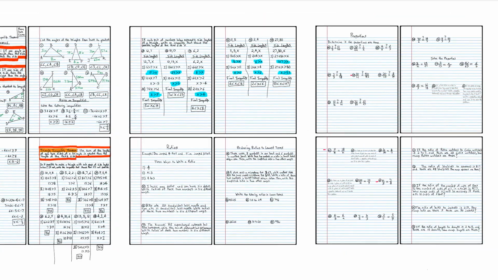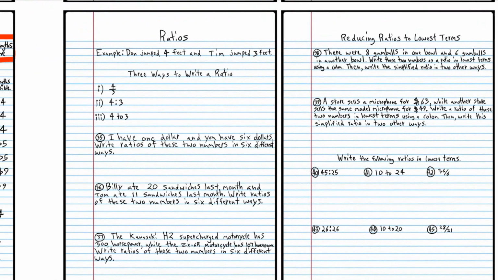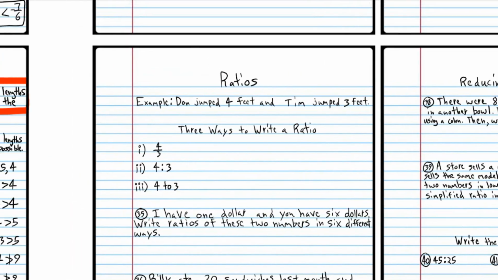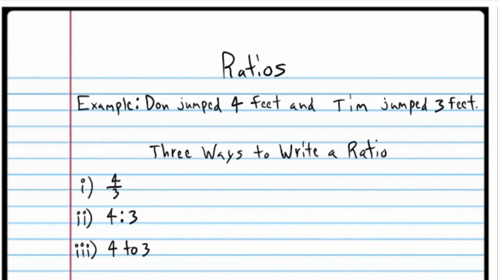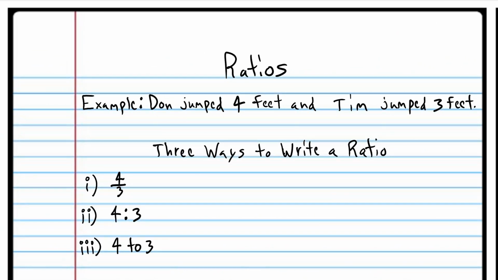As I mentioned at the beginning of this class, these are all things that you've already covered, or you should be somewhat familiar with them. If you're not, you'll probably learn what you need to know as we do this review now. So let's get into it. We'll start with ratios, and then we'll go on to proportions.